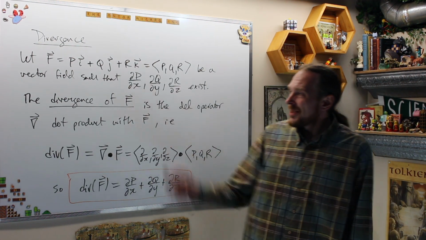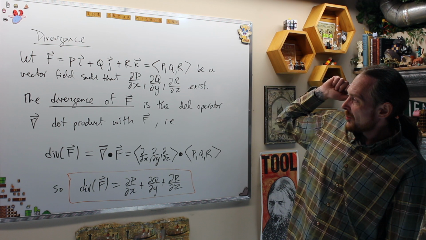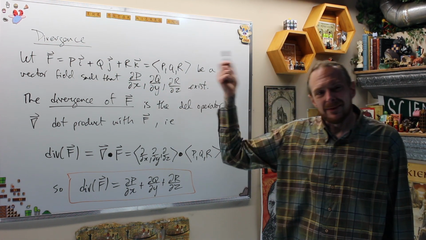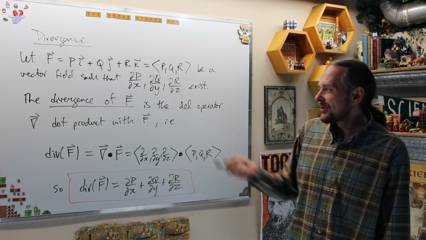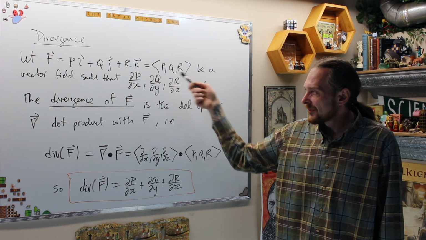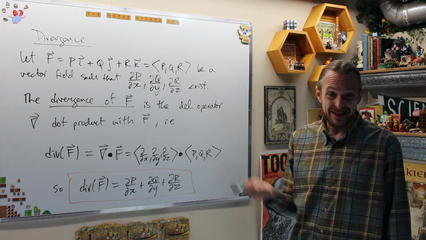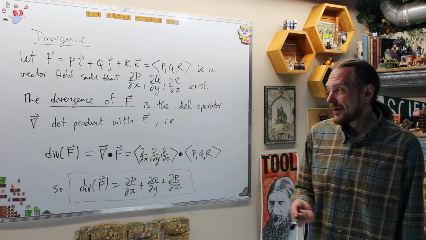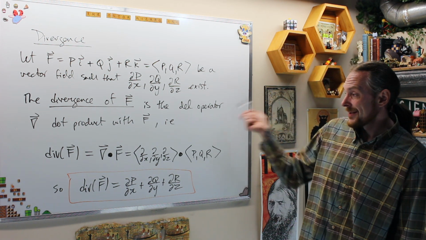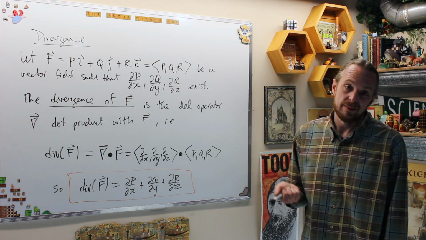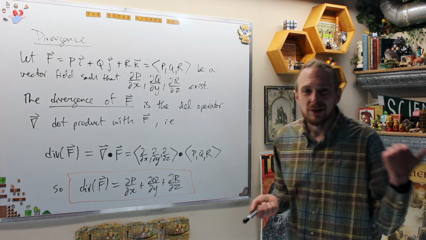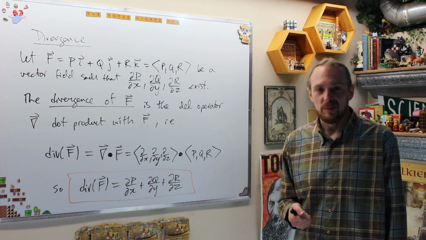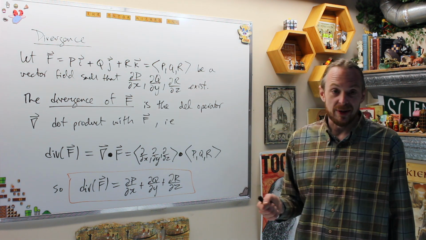All right, the divergence of a vector field: we have a vector field over R3 again, and we have to assume a priori that the partial of P with respect to x, the partial of Q with respect to y, and the partial of R with respect to z exist. If that's true, then we can define the divergence of that vector field as the del operator dot product with F. The curl is del cross F, and the dot product luckily is a much simpler binary operation to compute.